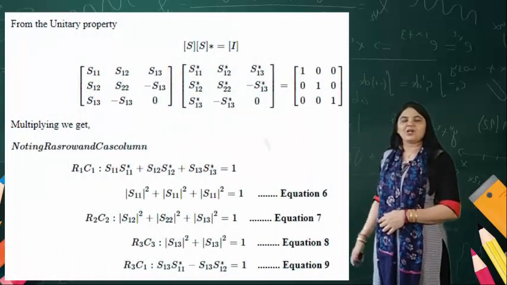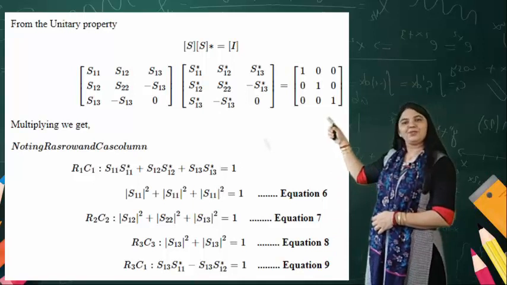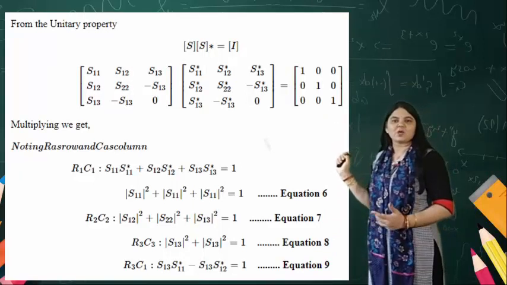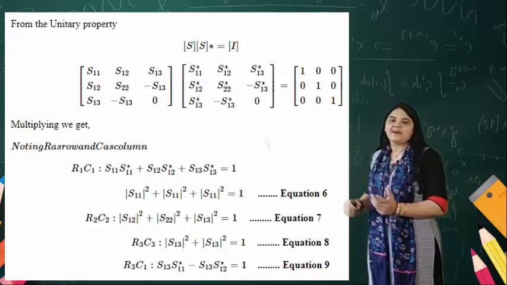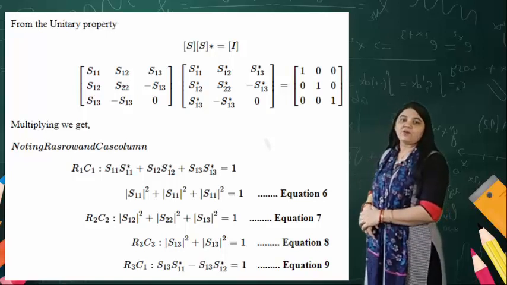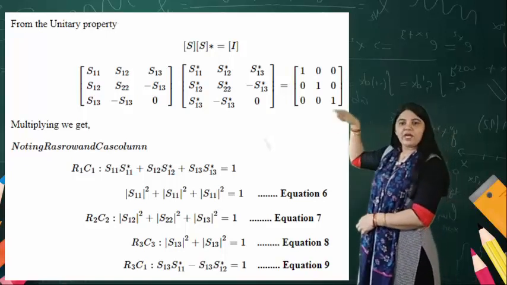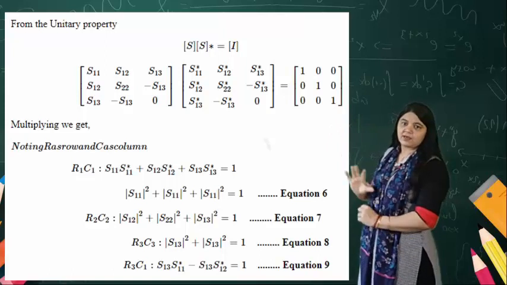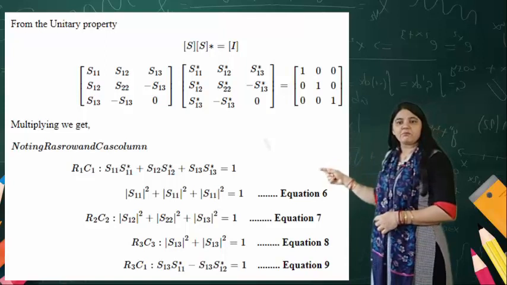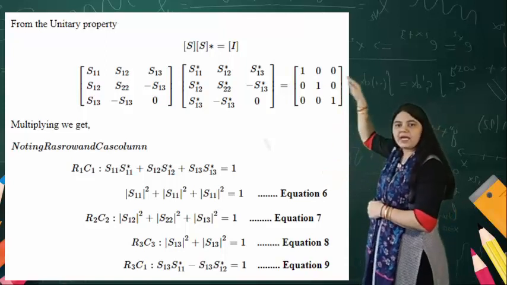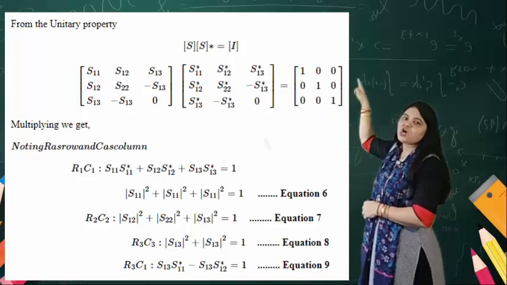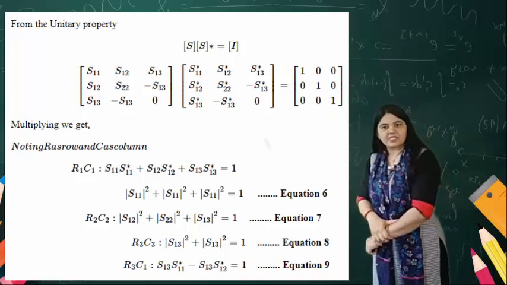Now, according to the unitary property, S into the complex conjugate of that matrix is equal to the identity matrix. So now we are solving this matrix. How can you solve it? Take row number 1 and column number 1, and equate it with the first element of the unitary matrix.